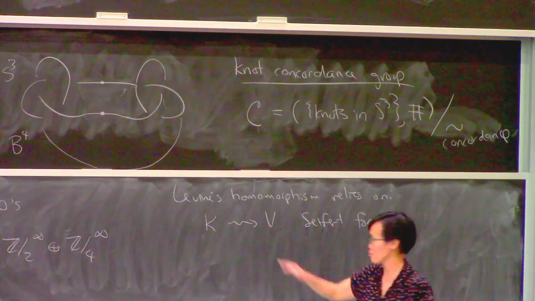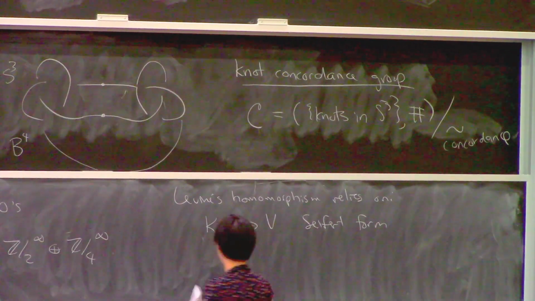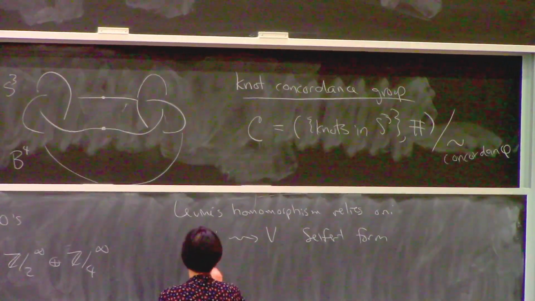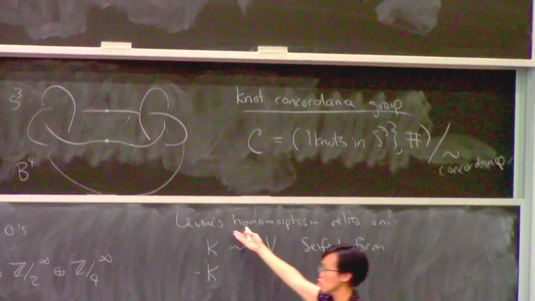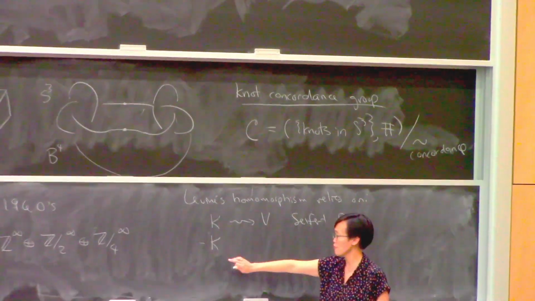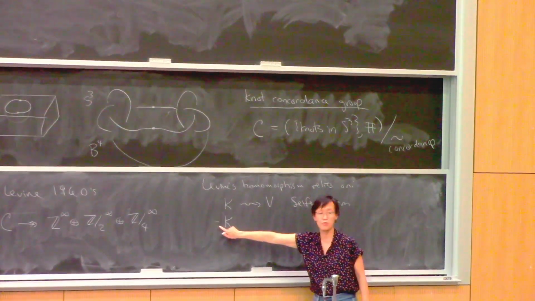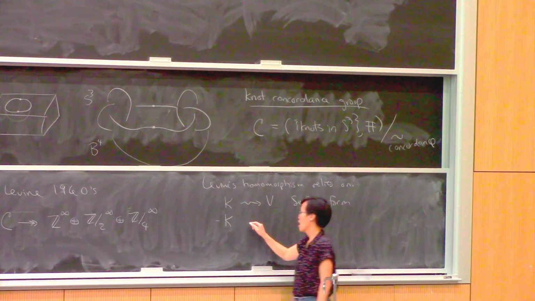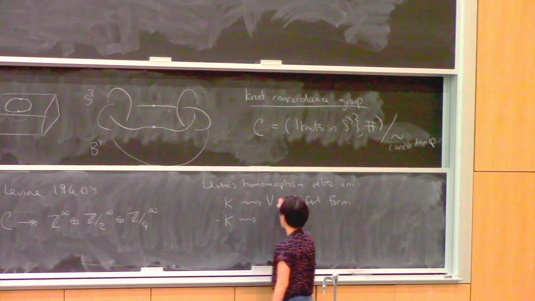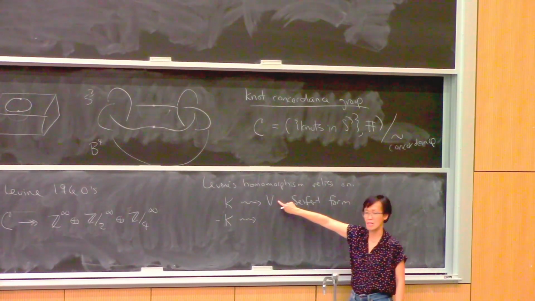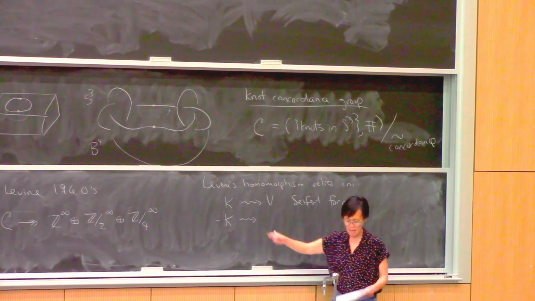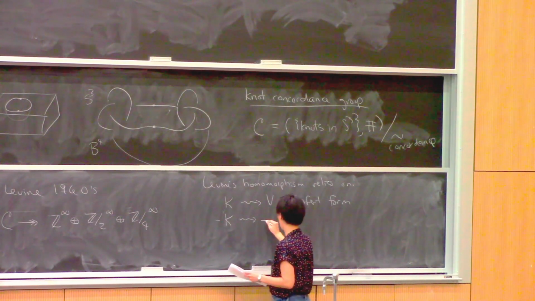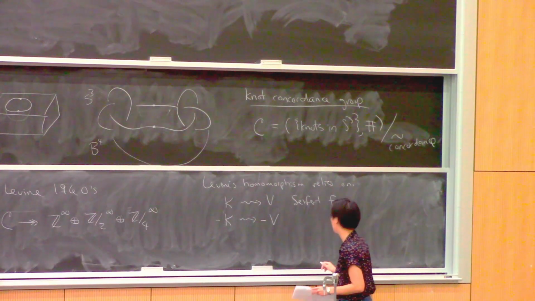That's where the linear algebra comes in. If you trace through his construction, it follows that if you take the reverse of the mirror image of K, you get a bilinear form that's very closely related to the one associated to K. In fact, it's just the negative of that bilinear form.